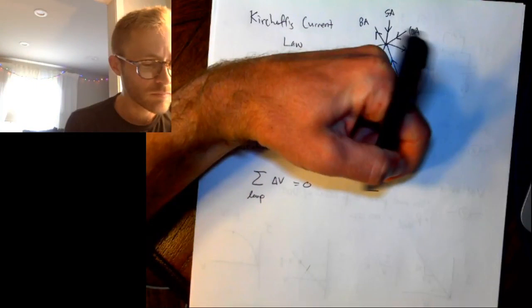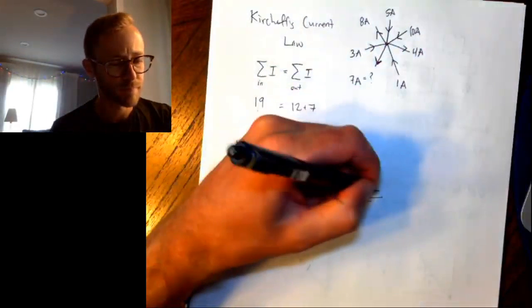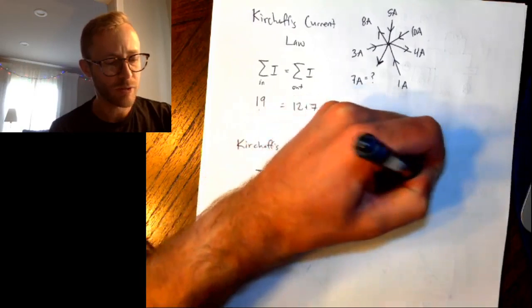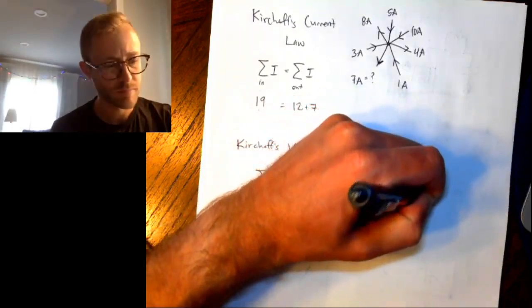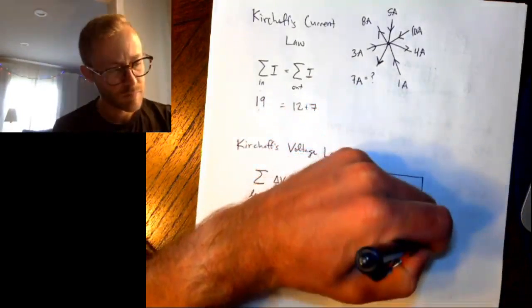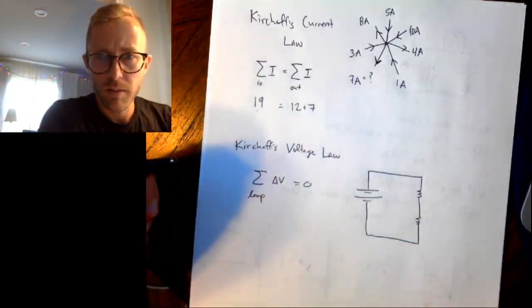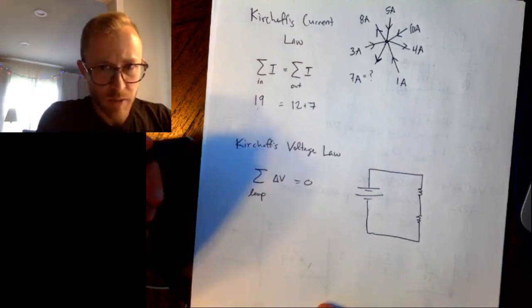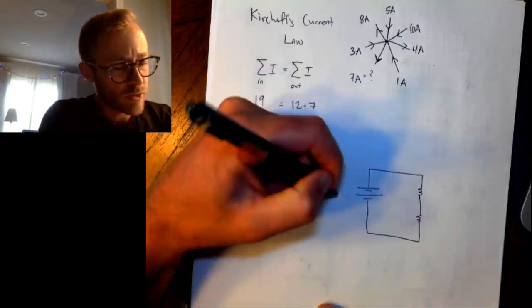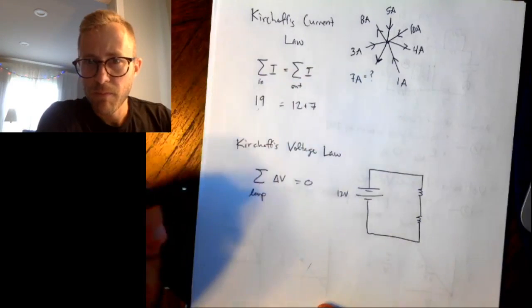So let's suppose I have a battery and I have 2 resistors. For example, let's say this is a 12-volt battery.